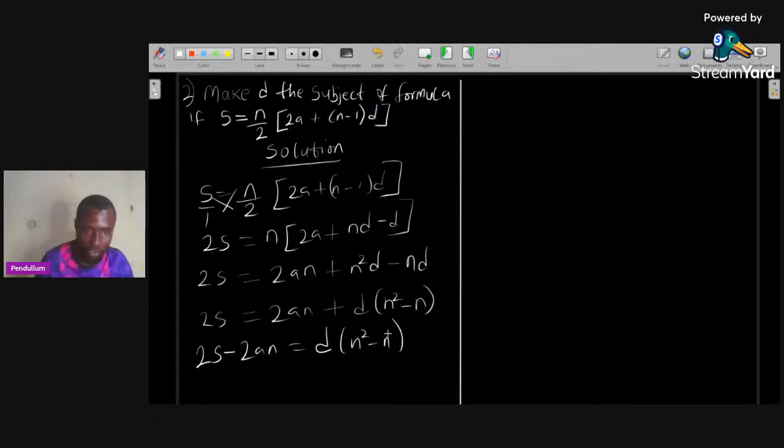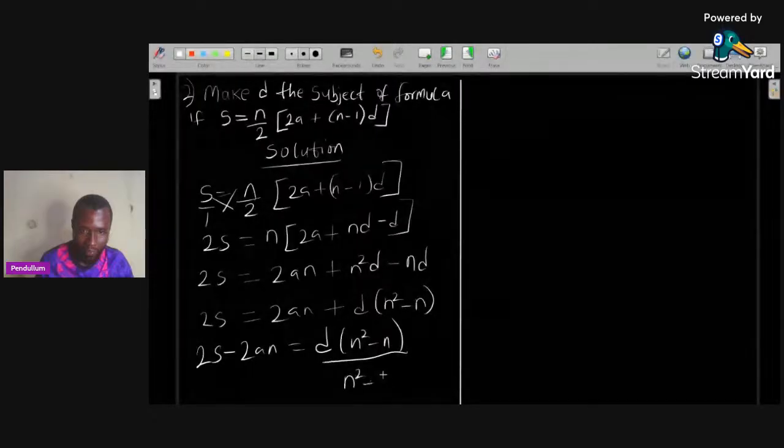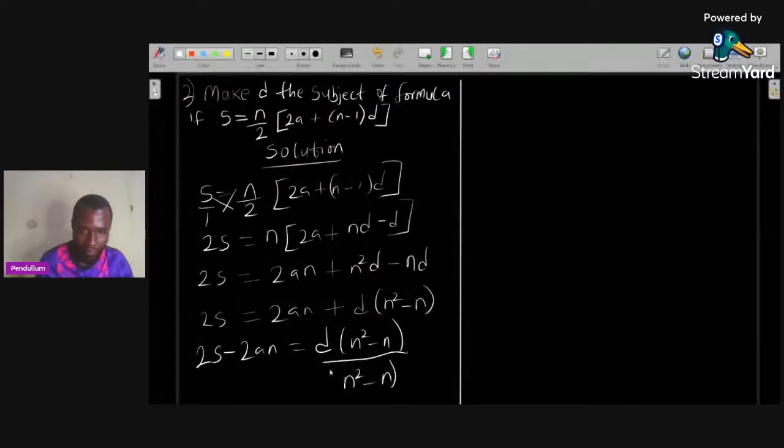Now finally, this is even simple. You want d to stand alone, so you need to remove n squared minus n. You can't just cancel it off like that. You need to divide by it. If I divide here by n squared minus n, d stands alone.